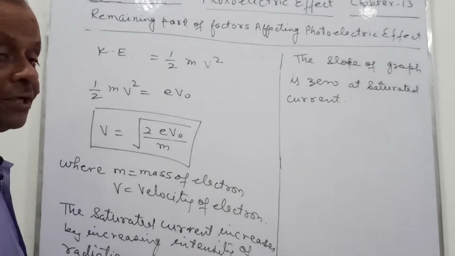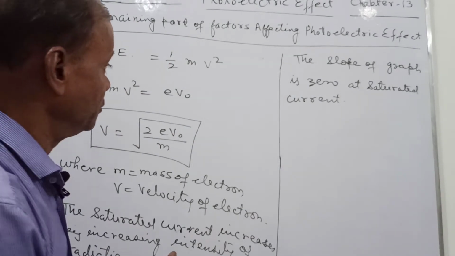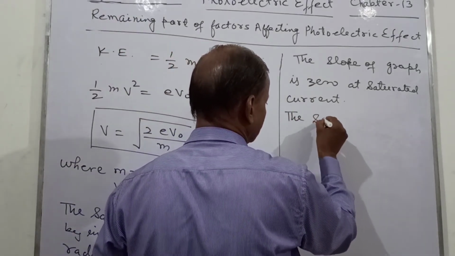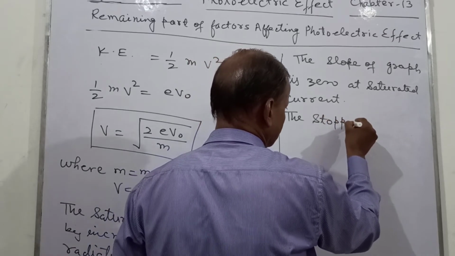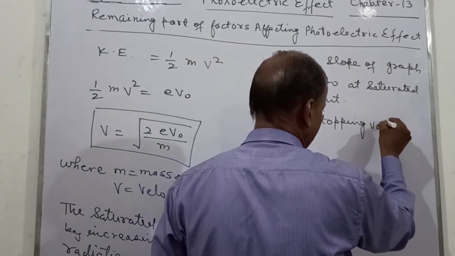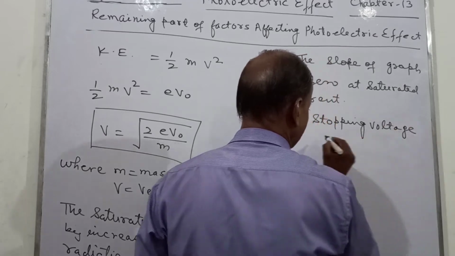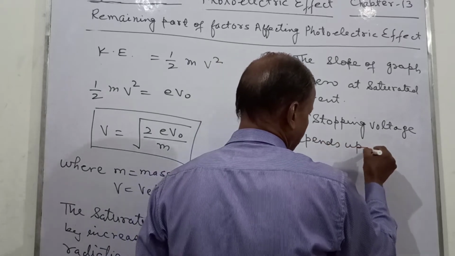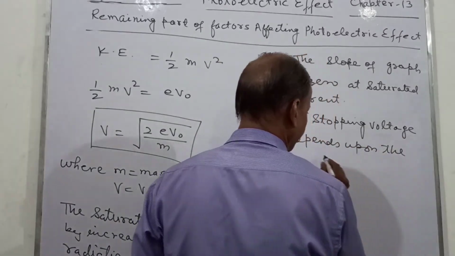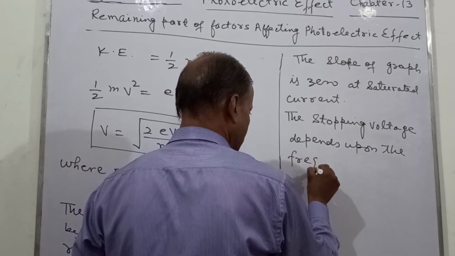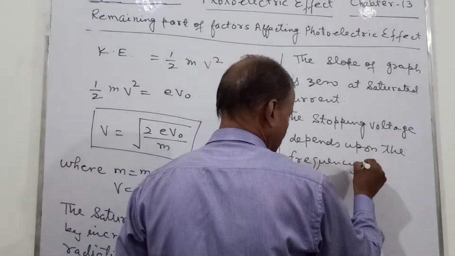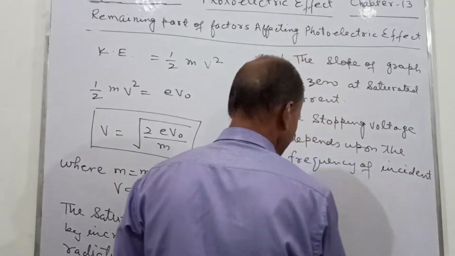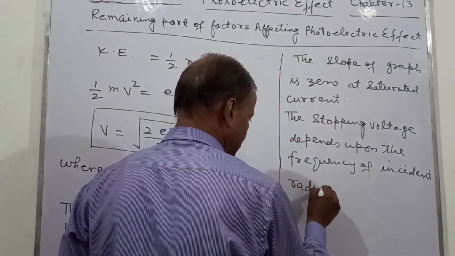So the stopping voltage depends upon the frequency of the incident radiation.